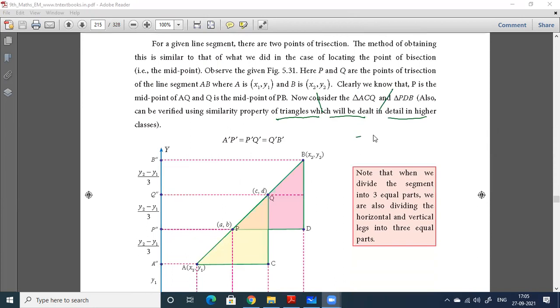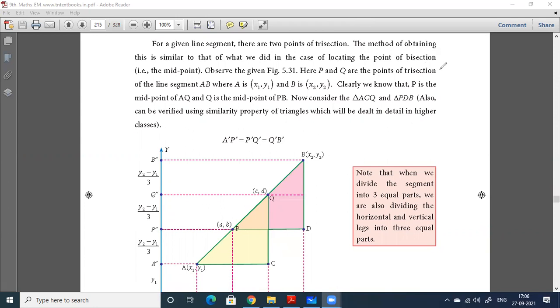Some basic theory. For a given line, there are 2 points of trisection. How is the method of obtaining this? It's similar to what we did in the case of locating bisection. We already did that, but here it is slightly more complicated. Here, let us assume P and Q in this diagram.